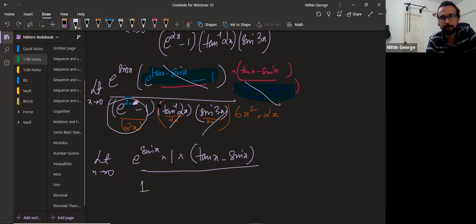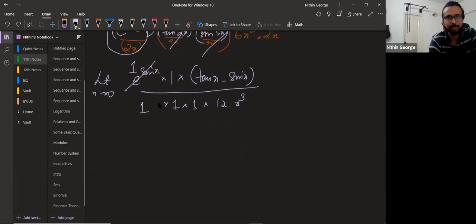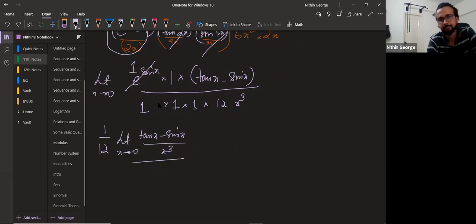This part becomes 1 into 12 x cubed. So as x tends to 0, e power sin x becomes 1 as well. E power 0 is 1. So I'm just left with tan x minus sin x divided by 12 x cubed. Guys, did you get till here? Yes, sir. Understood.